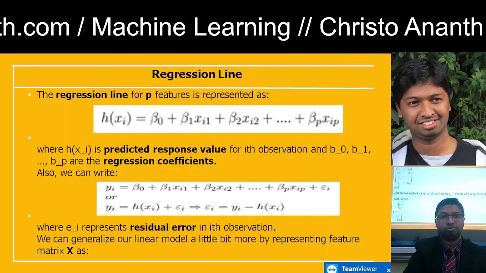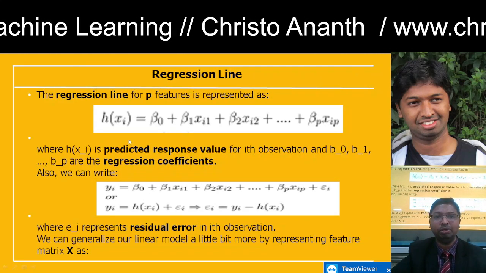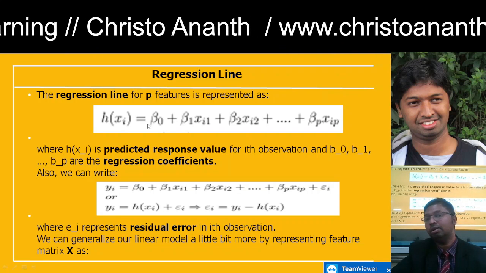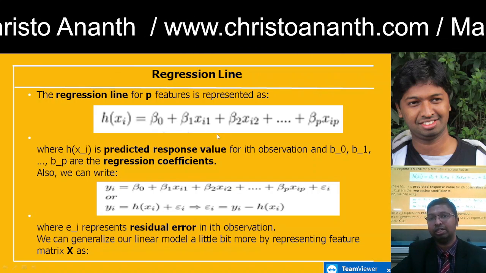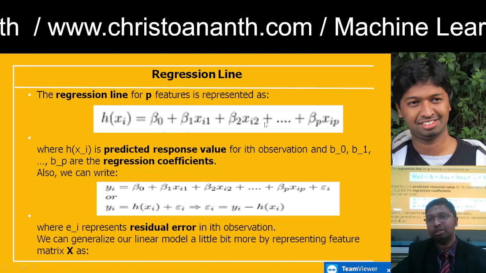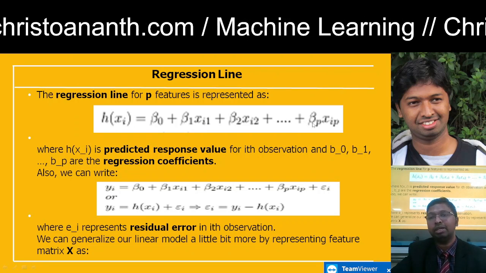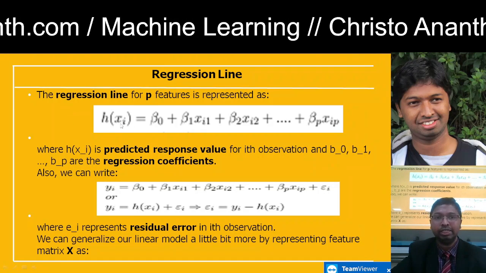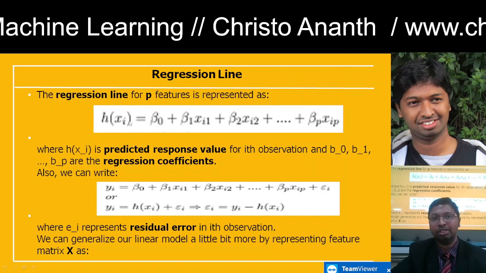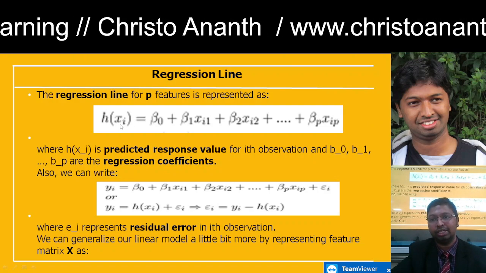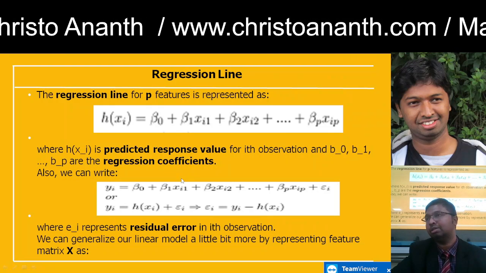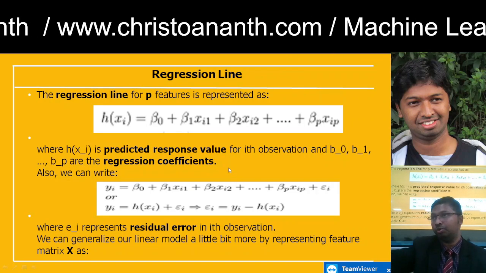So here the regression line would be h(xi) equal to beta 0 plus beta 1 xi1 plus beta 2 xi2 plus beta 3 xi3 up to beta p xip. And here h(xi) is nothing but the predicted response value for the ith observation. b0, b1 are nothing but the regression coefficients, which we already discussed.